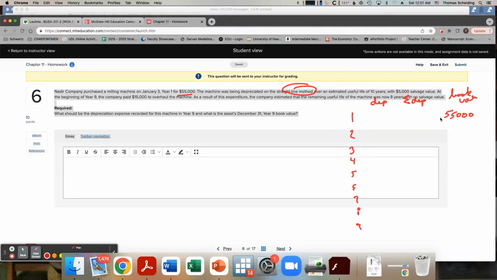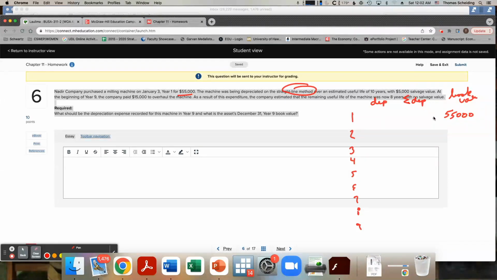So to get from 55 over a 10-year lifespan, right? That works out to $5,000 a year, because by the ninth year, you would have $5,000 remaining.